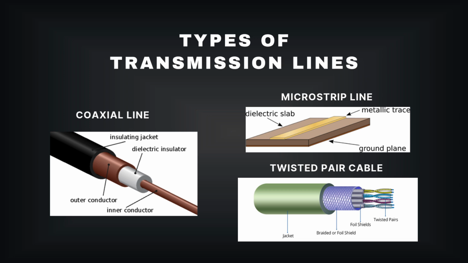This type has a metallic trace on top of a dielectric substrate with a ground plane below. It is commonly used in printed circuit boards and RF designs. And third is the twisted pair cable. This cable has two conductors twisted around each other to cancel out electromagnetic interference. It is used in telephone lines, Ethernet cables, and computer networking.